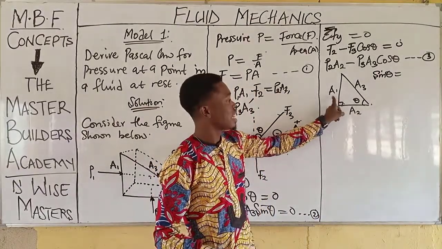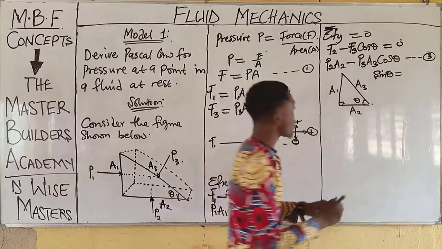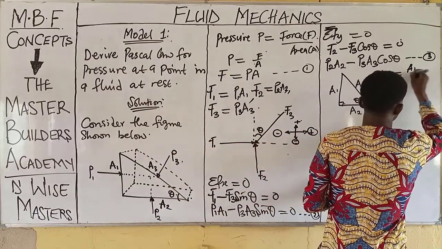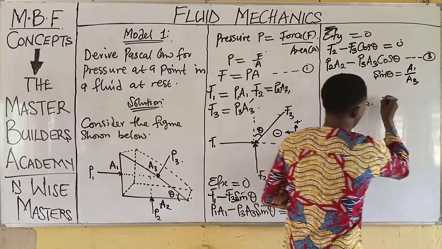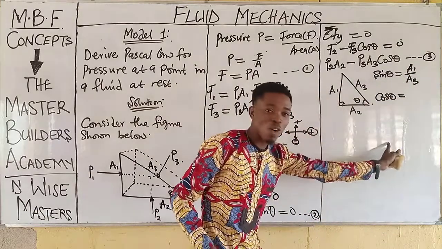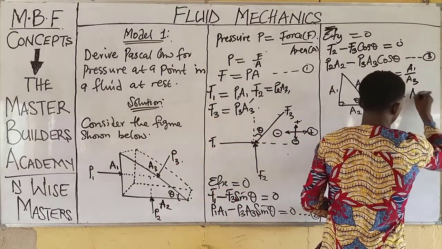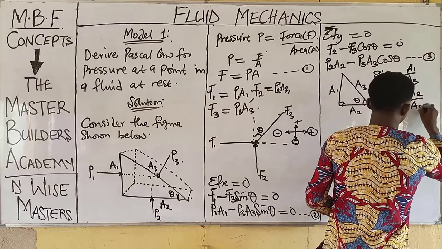This is the opposite, the line facing the given angle, while the hypotenuse is the longest side. Therefore, we have A1 over A3. Then what about cos theta? Cos theta is adjacent over hypotenuse. This is the adjacent, which is A2 over A3.